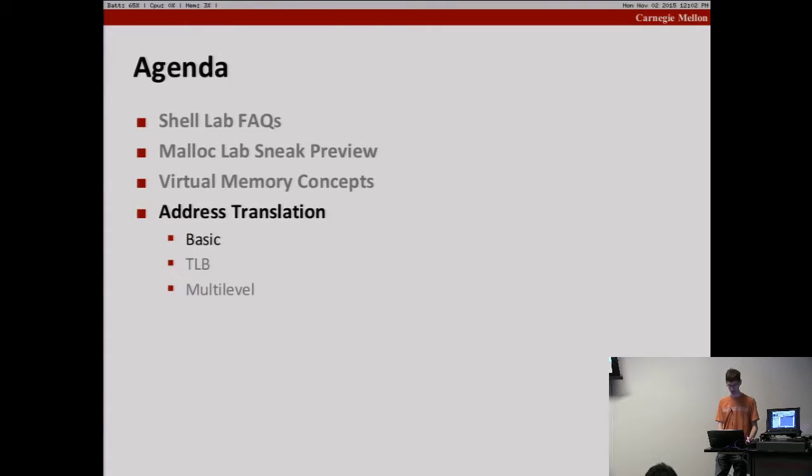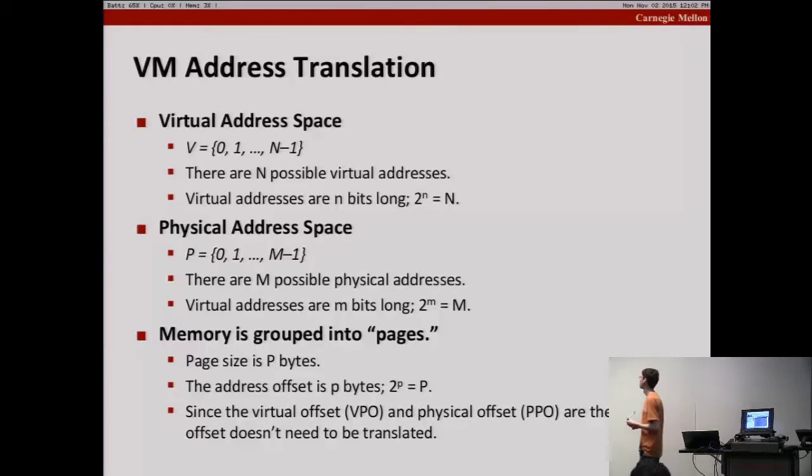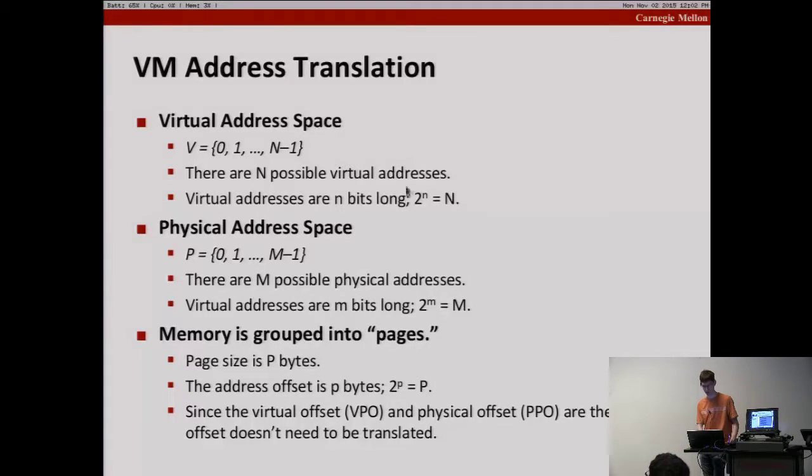So, okay, how does this address translation actually work? We have a virtual address. How are we going to get into a physical address? So what we're going to say here is that we're going to have a virtual address space, and there's going to be N possible virtual addresses. So that means that each one is lowercase n bits long, right?